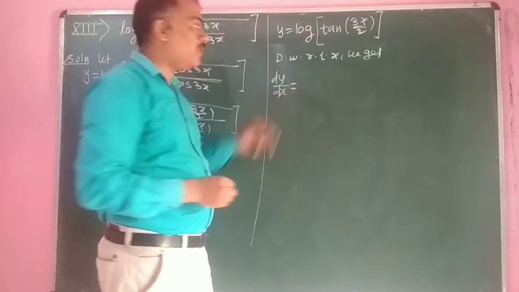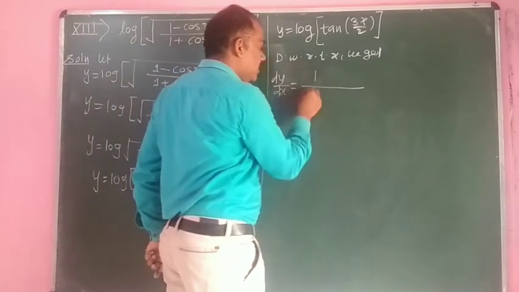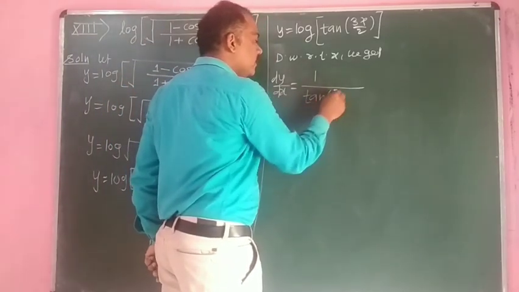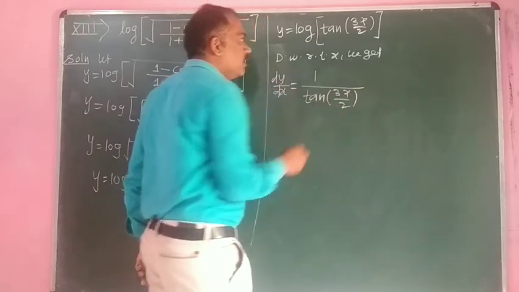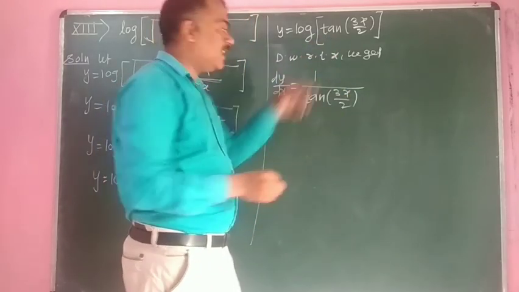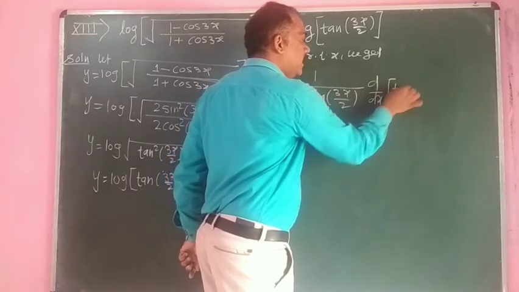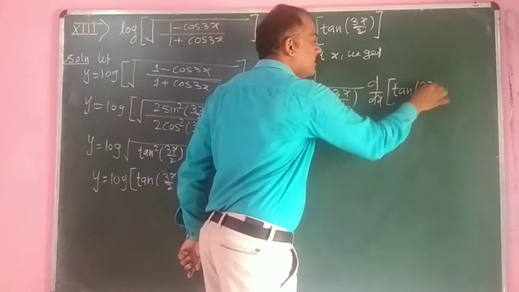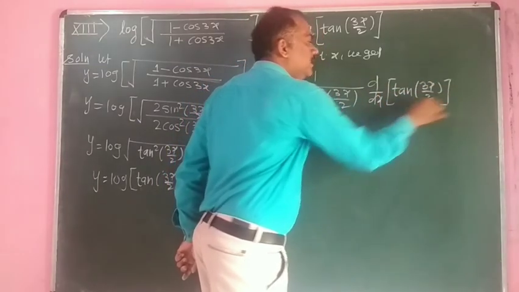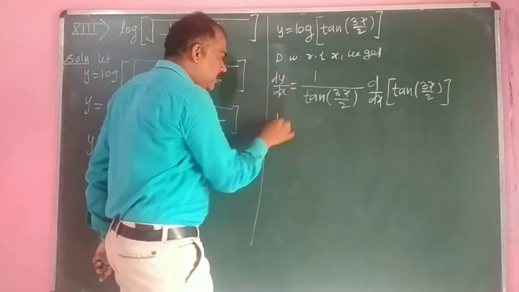What is the derivative of log? 1 upon x, that is 1 upon tan of 3x by 2. Then we take the derivative of tan of 3x by 2.